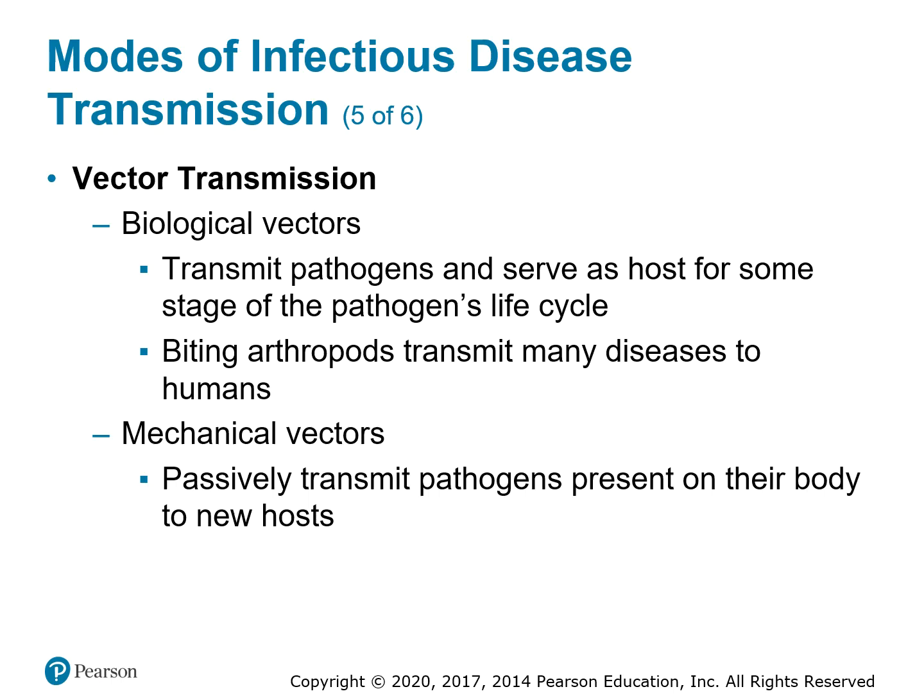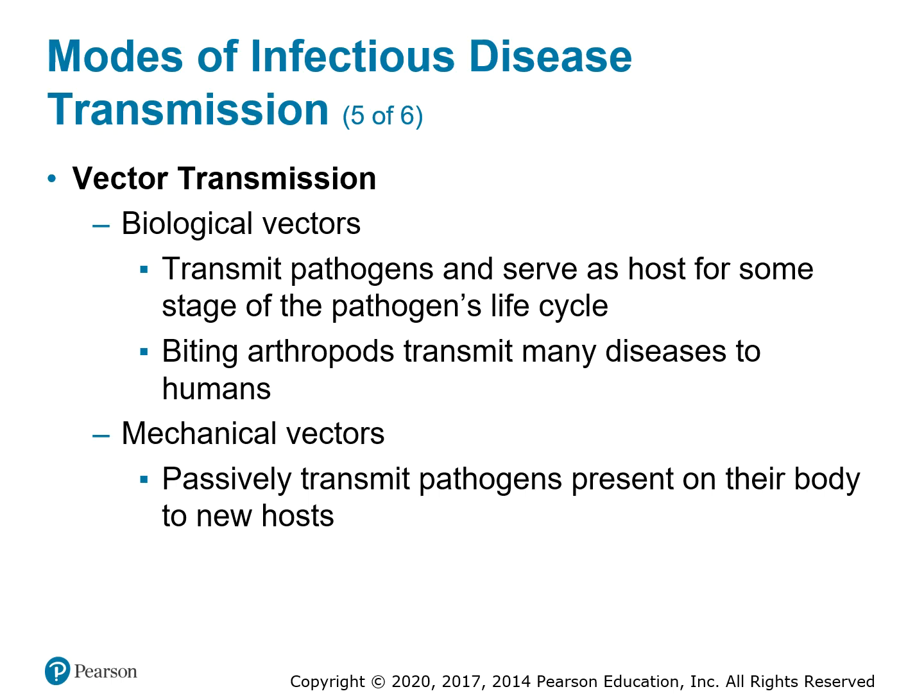Vector transmission, there are two kinds of vector transmission we talk about here. There's biological vectors. These transmit the pathogens and serve as host for some stage of the pathogen's life cycle. Biting arthropods, insects, transmit many diseases to humans. Mechanical vectors are passively transmitting pathogens because they're present on their body.